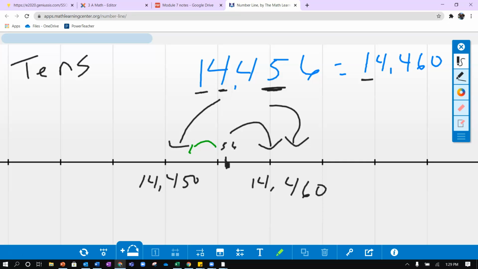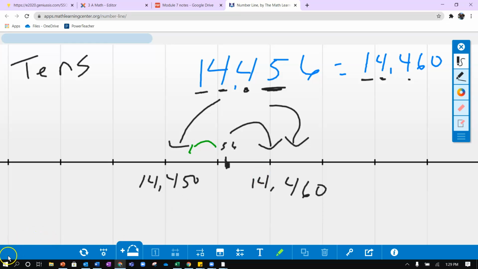The 4 stayed the same in the thousands place. And the hundreds stayed the same in both of them, because I'm not counting by hundreds. I'm counting by tens. So one of my choices was 50, and the next highest 10 is 60. So that's how you go about doing that.